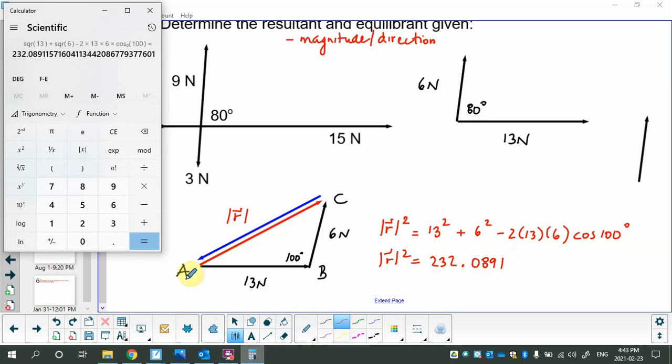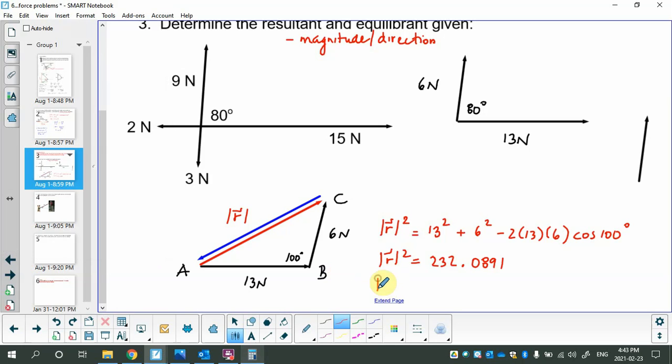And then I have to take that and I have to square root it. I don't have to show it, I have to do it. And I get 15.2. And that will be 15.2 newtons.